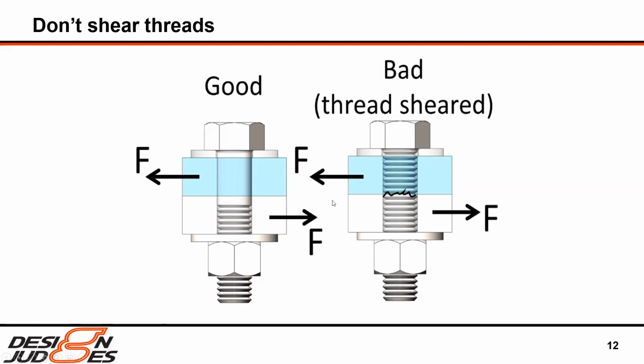And so you do not want to do that, because the thread has a minor diameter, which is much less than the major diameter, and there'll be stress concentrations from the changes in shape there. And so make sure that you're using the shank to hold the shear of a bolt. And if you're not clamping this together and using the friction, you might just consider using a pin instead. You don't necessarily need the threads in that case.